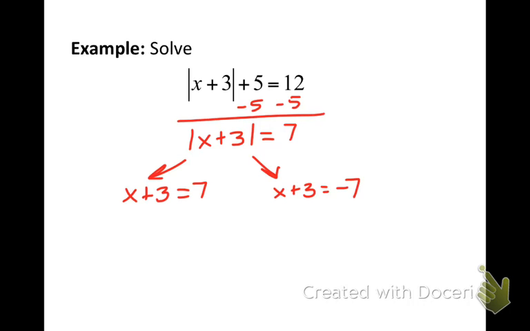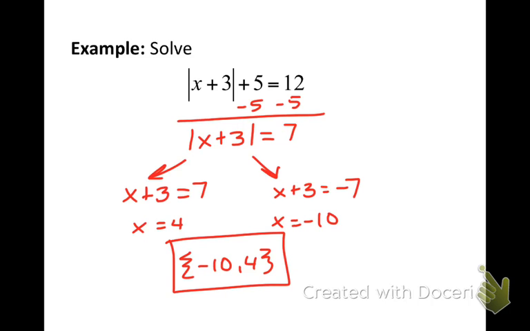Left side gets me what value? 4. Right side gets me negative 10. What comes first in my set? Negative 10, then 4. Okay? So before you can do anything, you have to get the absolute value sign all by itself.